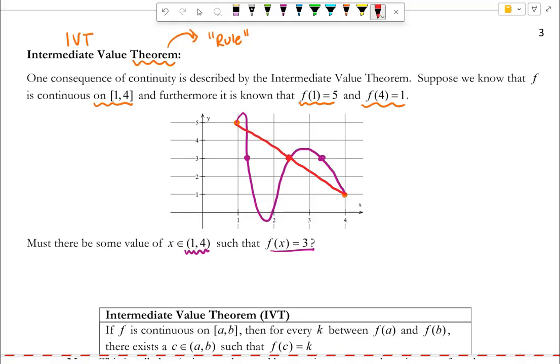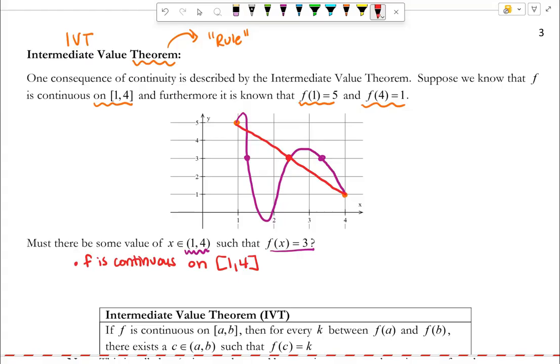So when we answer this question, the answer is yes, and here's what we know. We know that f is continuous, and we want to get in the habit of writing this interval notation. So I could say on the closed interval 1 to 4.